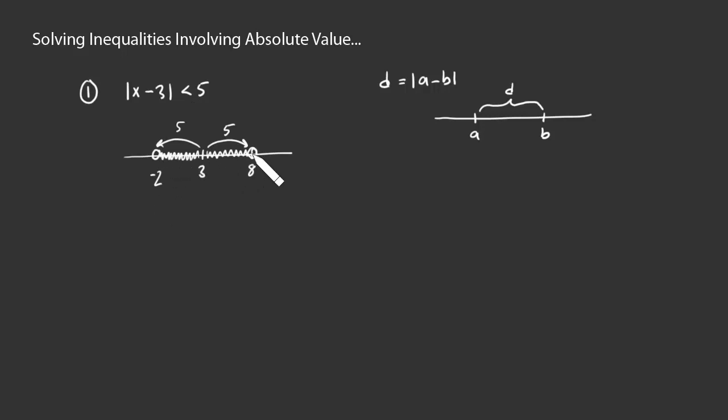But everything in between -2 and 8 is certainly a solution, including 3 itself, of course, because 3 minus 3 is 0. We're done. Everything from -2 to 8 are reasonable values for x that make this true. Okay, that's very fast, nice and clean.